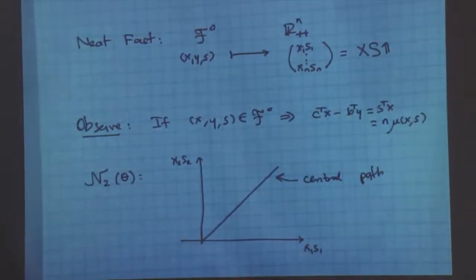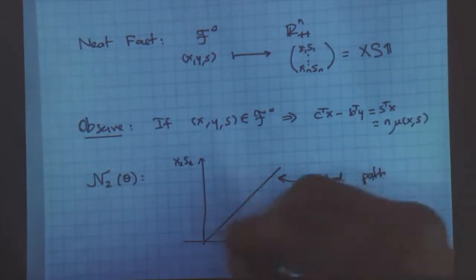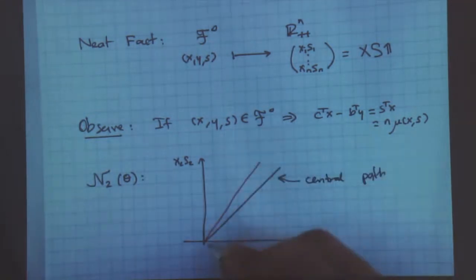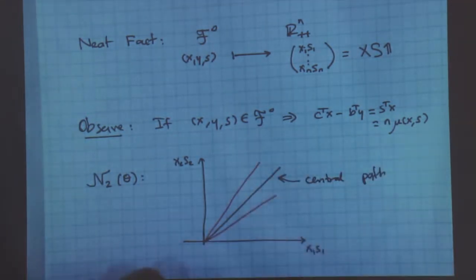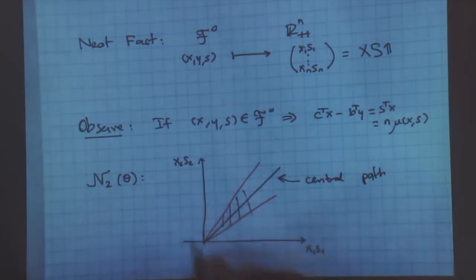Now, if we are instead in this neighborhood, N2 would look something like this. It's like a little cone around the central path. That set would be N2.